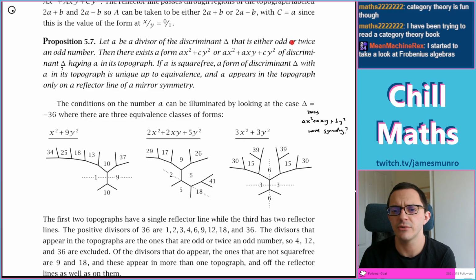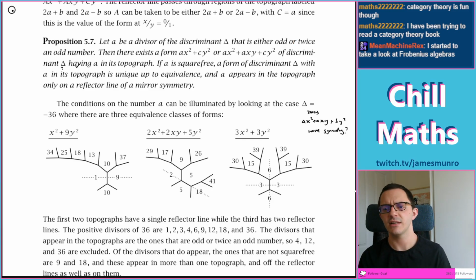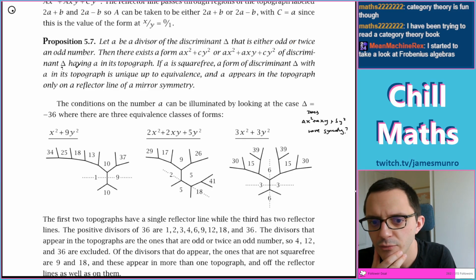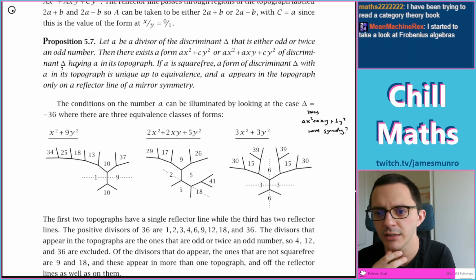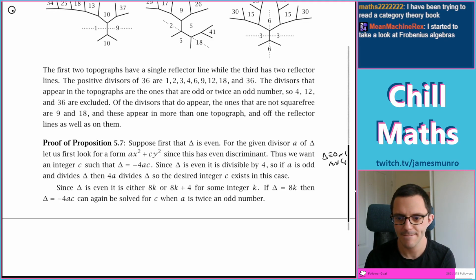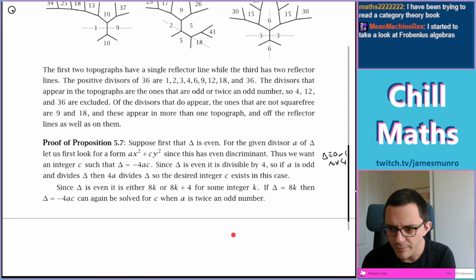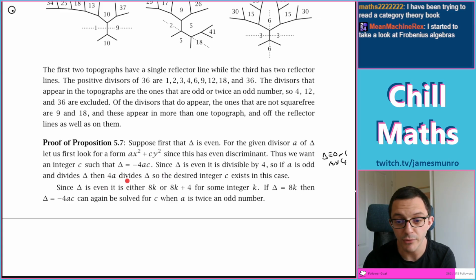If A is twice an odd number, we're still okay. So twice an odd number, divisor of A, are we still okay? Let's have a look down here. If A is odd and divides this, then 4A divides it, so we're fine. C will be an integer. Okay.